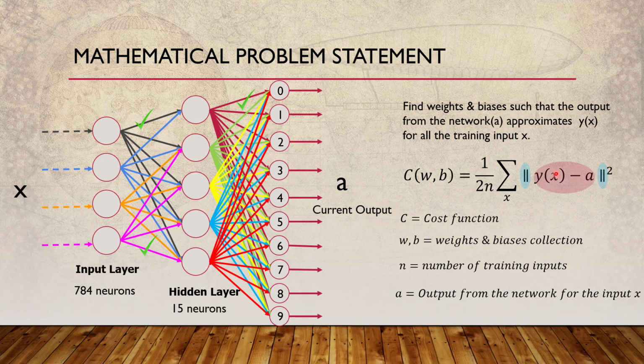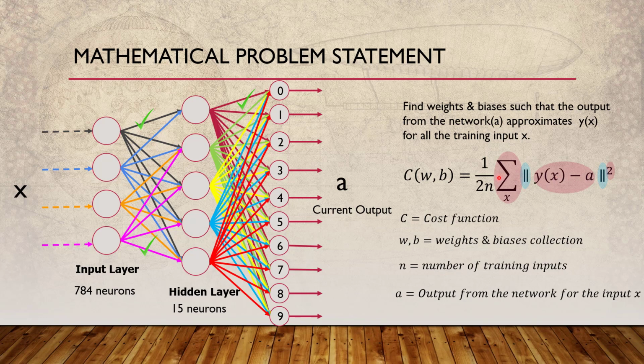We also understood why we are taking squares, for the same reason we talked about in the GRE example; otherwise the terms may cancel out each other, correct? Then we talked about why we are taking the sum: we want to perform this for all the images we are using for training, correct?